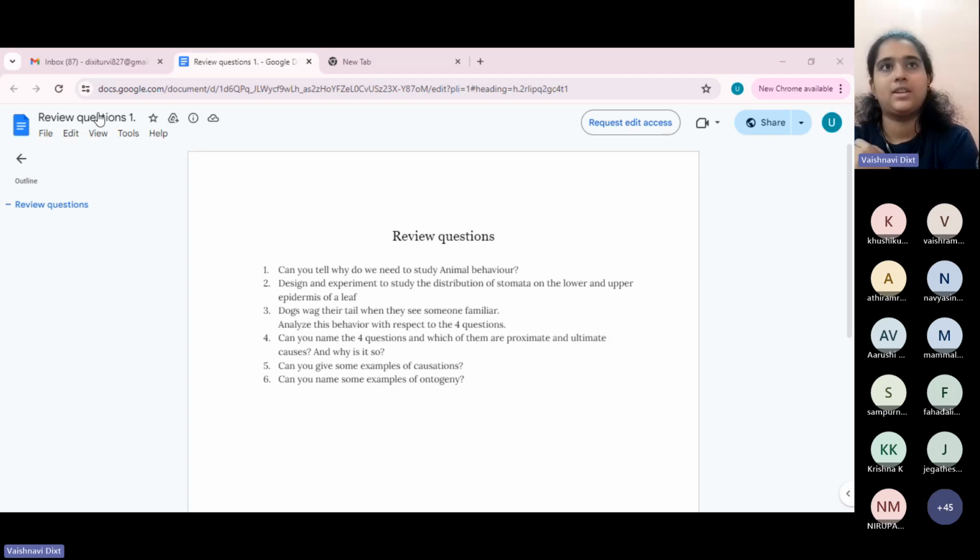Dogs can know who is safe or not. Yes, correct. So in that way it can help their survival, right? So yes, you're correct. And this can also help people close to them as well. Yes. Okay. That is correct.